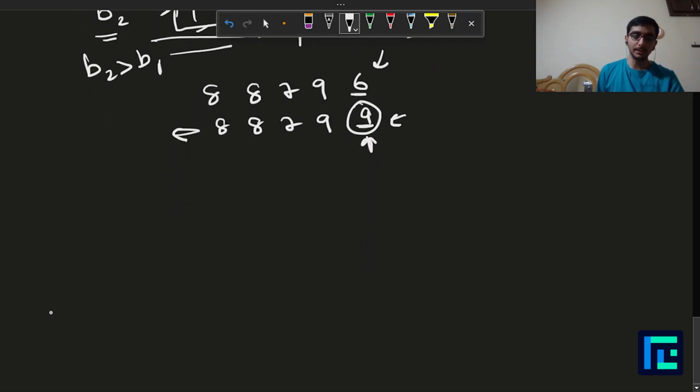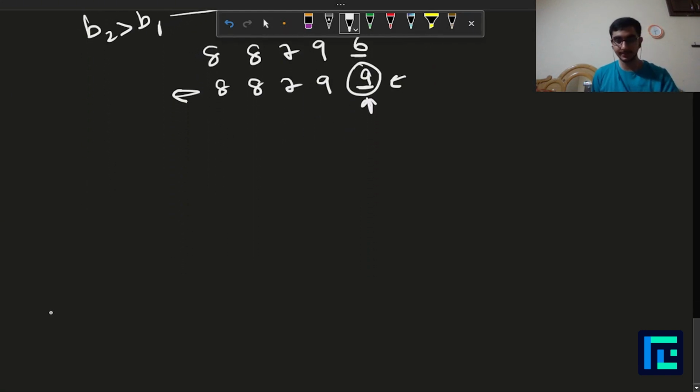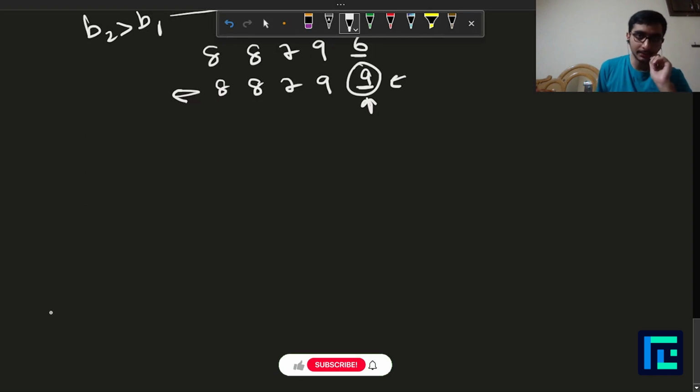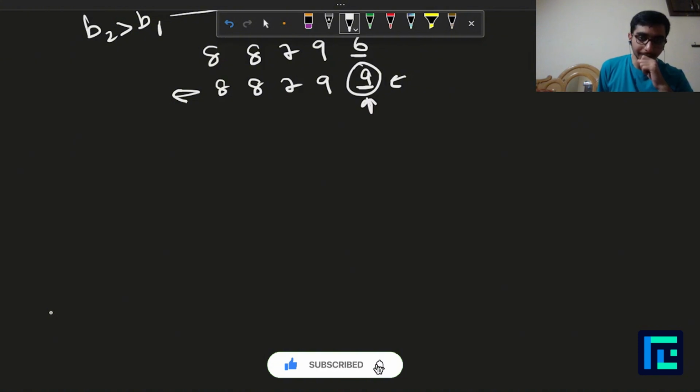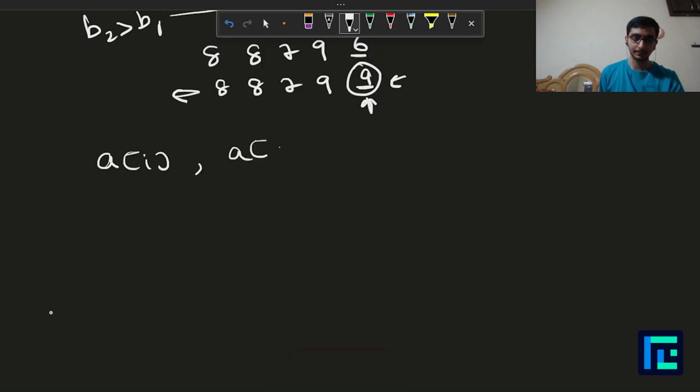So now, keeping these two properties in mind, let's try to come up with an algorithm. So if I have two numbers, A_i and A_j, and I write both of them in base 2. So I've written this number in base 2, I've written this number in base 2.